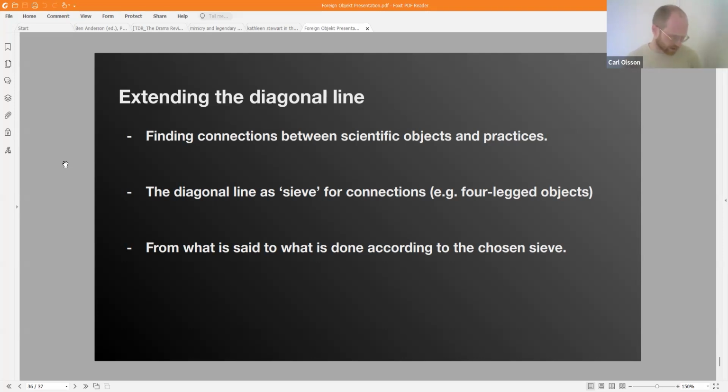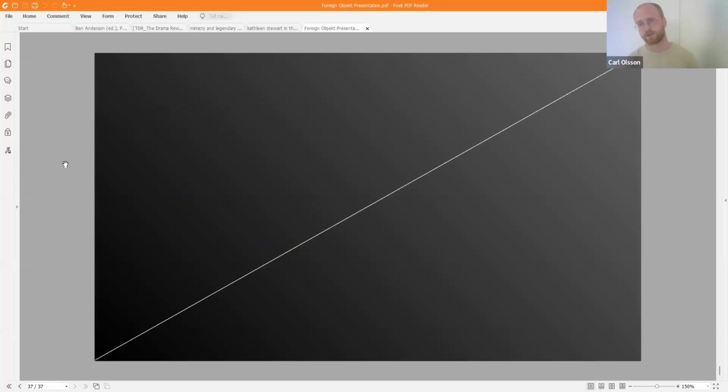The point here is that how we formulate this line, how we construct this line that runs across different entities in different sciences, different disciplines, in different areas of the world, matters a lot. And this is where I would propose it as a method, almost a curatorial method.